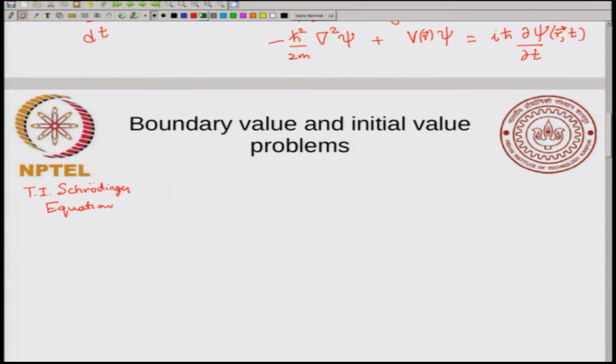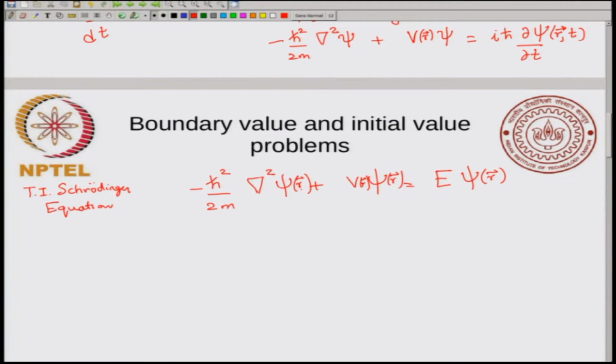Okay. The time independent Schrodinger equation for a single particle is written as minus h cross square by 2m del square psi plus V times psi is equal to E, which is a constant, times psi. So, V is a function of r, psi is a function of r, E is not a function of r.